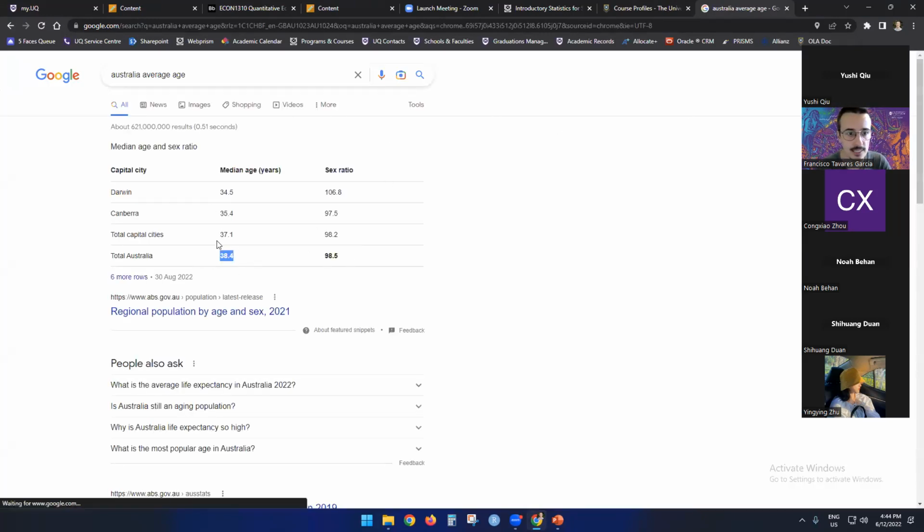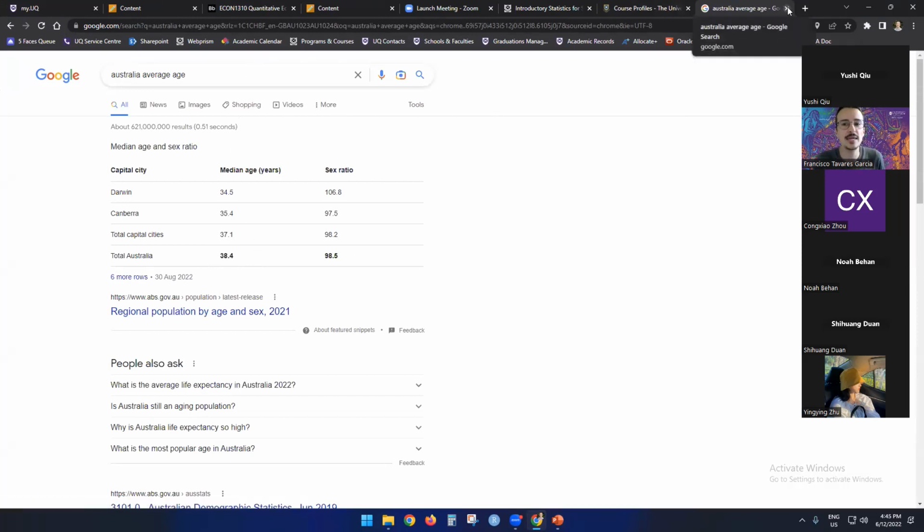I hope you guys can still see here, which is pretty cool. So this is the mean, and this is one of the descriptive statistics, right? And then we say, okay, so Australians are 38.4. All of them 38.4? If someone comes and says, yeah, they're all 38.5, that's also quite a ridiculous thing.